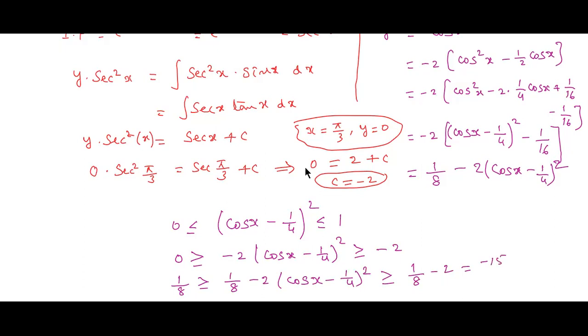Minus 15 by 8. Out of this, which is maximum? Maximum is 1 by 8. Minimum is minus 15 by 8. So the maximum value is equal to 1 by 8. This is the answer.